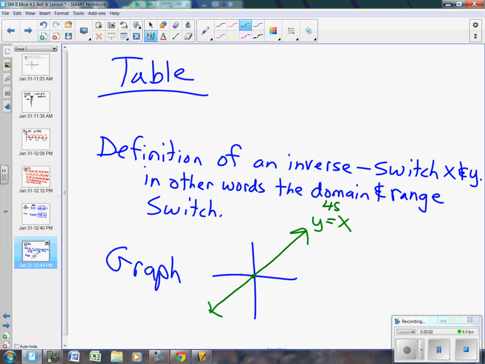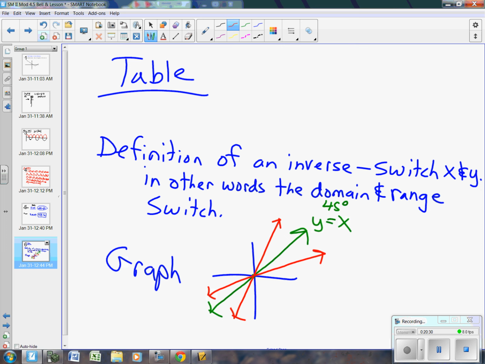This is critical to understanding. All eyes got to be right here, you guys. Critical to understanding. When you graph these, both of those graphs that we just did went through 0, 0. That's why I'm writing these like this. They are reflections over the line y equals x. I want everybody to write that down. Inverse functions are reflections over the line y equals x.